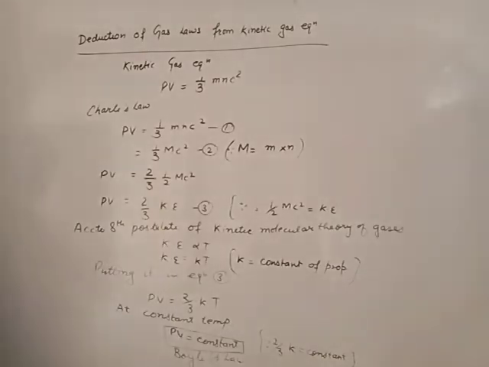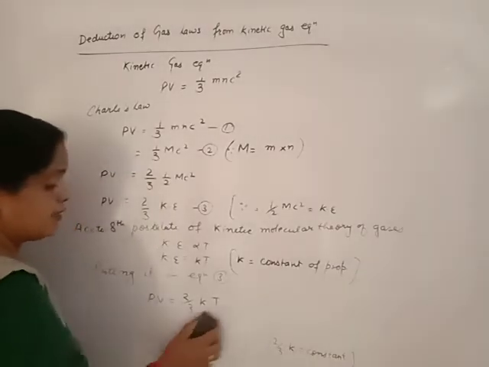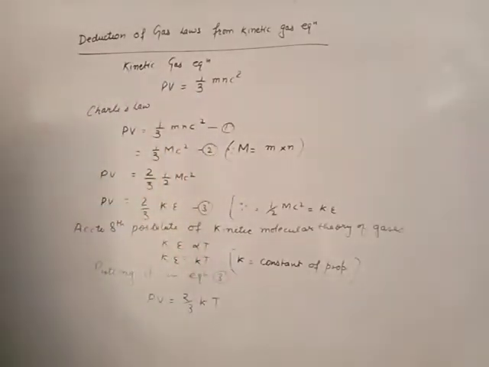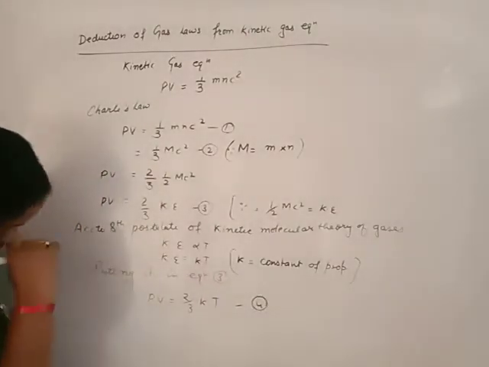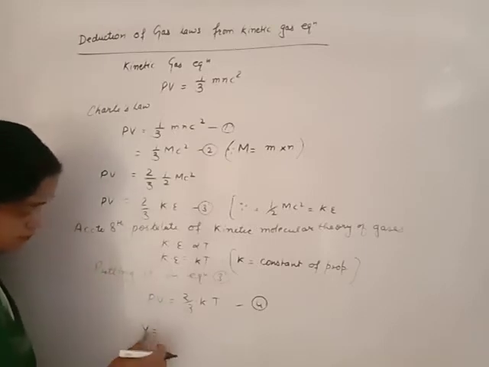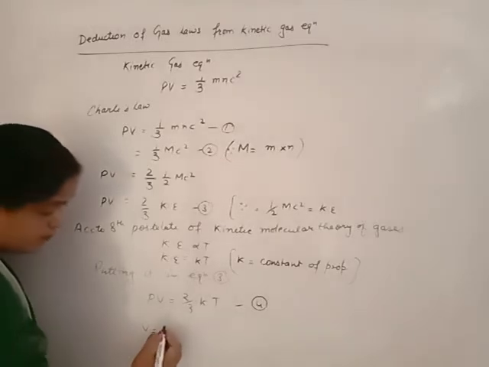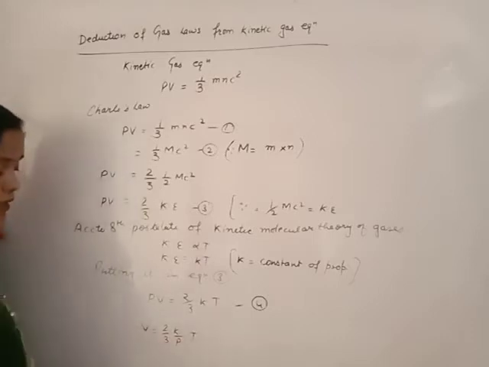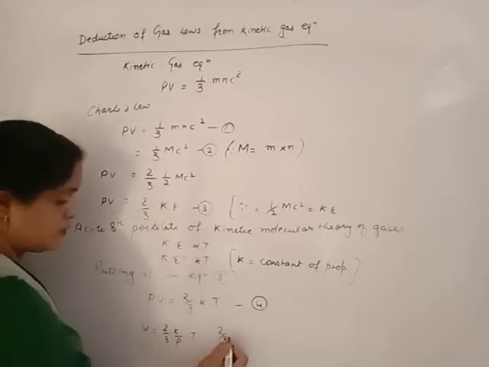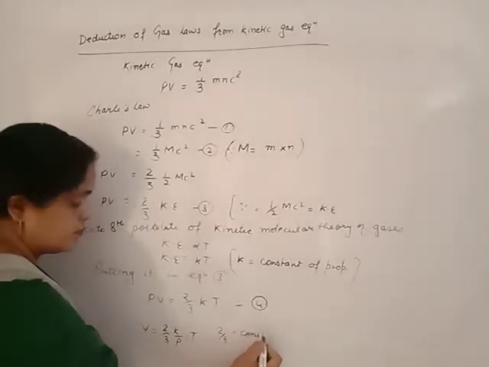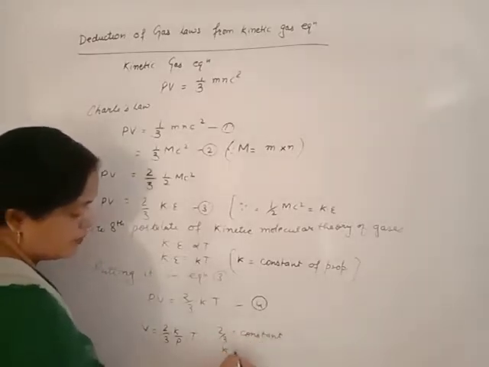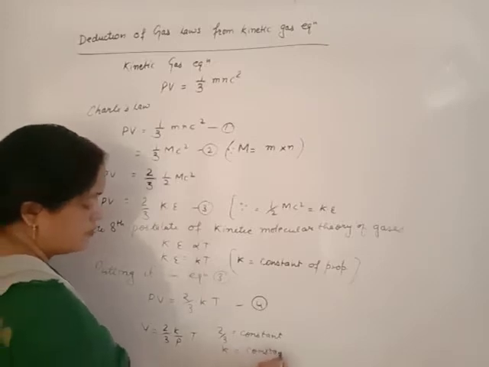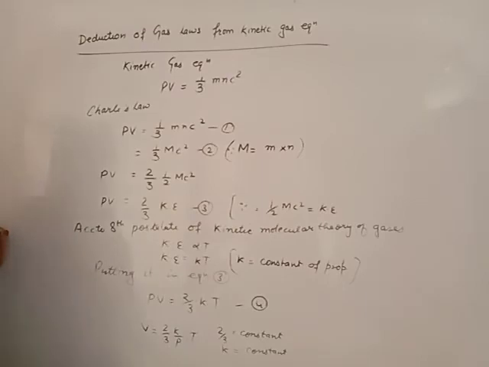There is only a slight change here: according to Charles's law, pressure remains constant. The fourth equation may be modified by cross multiplication: V = (2/3)(K/P)T. 2/3 is constant, K is constant, and pressure remains constant.